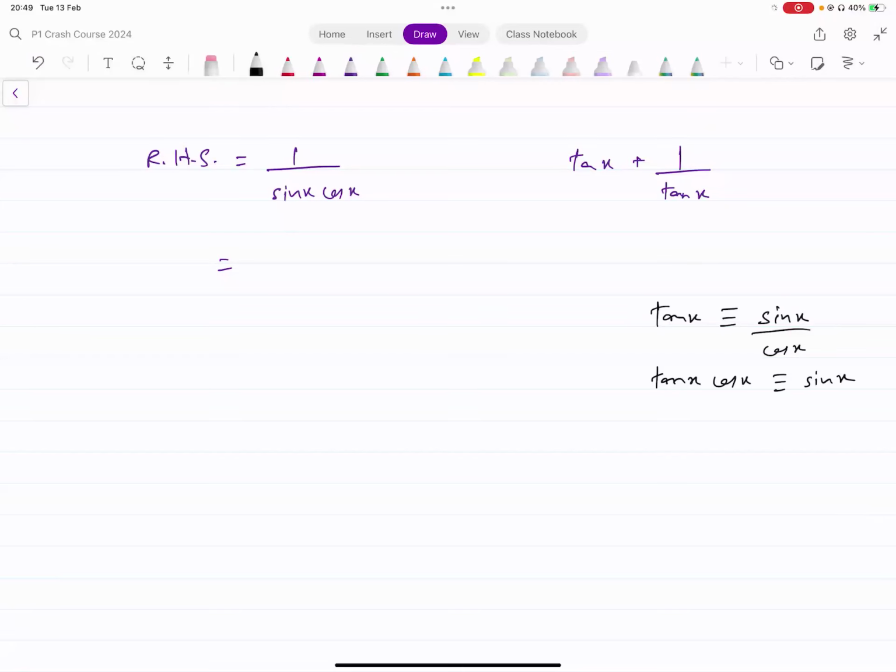So instead of sine x, since we want to convert it to tan, we could try starting like this. 1 over tan x into sine x, sorry, cos x into cos x, another cos x. And that makes it 1 over tan x into cos square x.